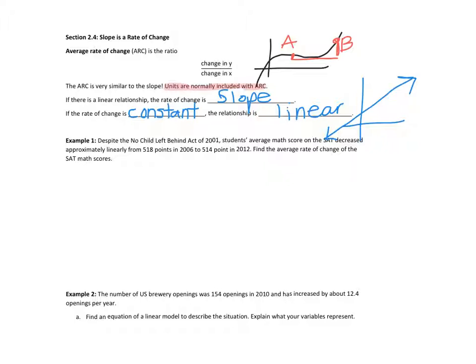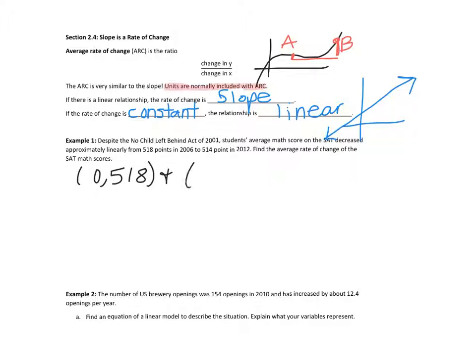All right, so let's go back to this example from the previous section. Despite the No Child Left Behind Act, students' average math score on the SAT decreased approximately linearly from 518 points in 2006 to 514 points in 2012.